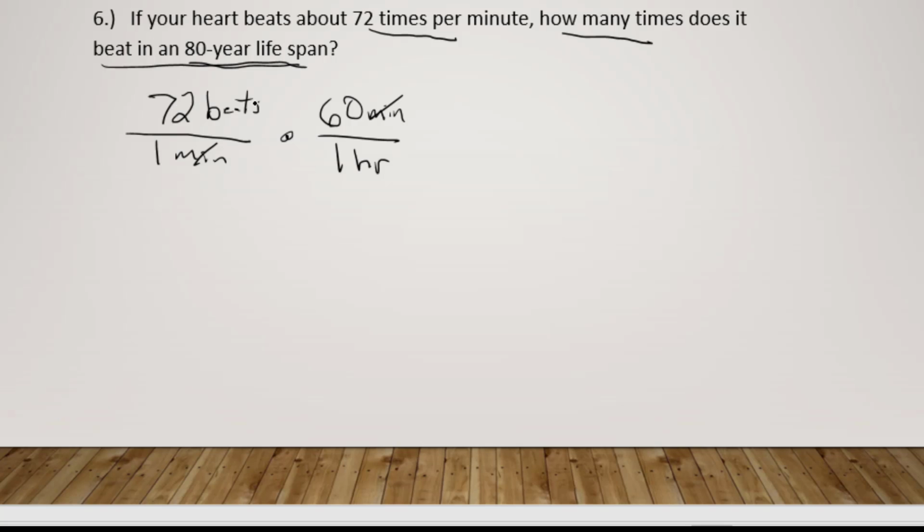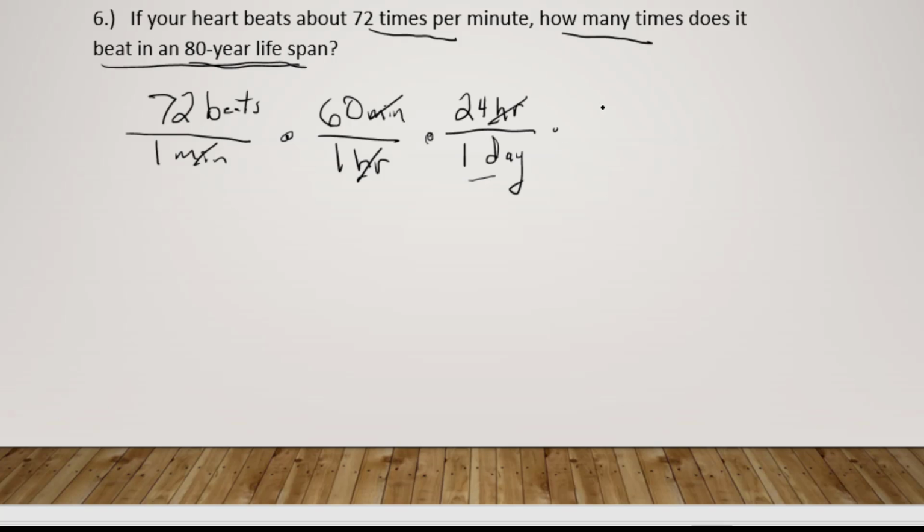And if I multiply 72 times 60, I'm going to get how many beats this heart will beat in 1 hour. And then I don't want hours, I want the next unit up, which will be days. So there's 24 hours in 1 day. Like in fractions, the hours cancel, and if I multiply 72 times 60 times 24, I will get the number of beats over 1 day.